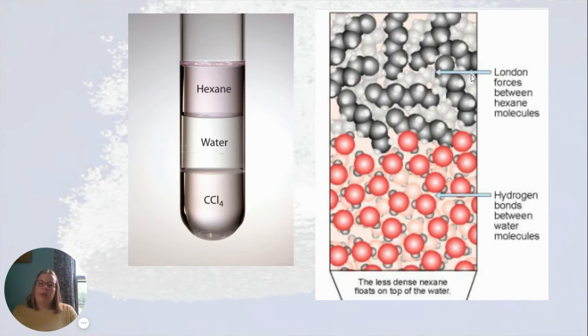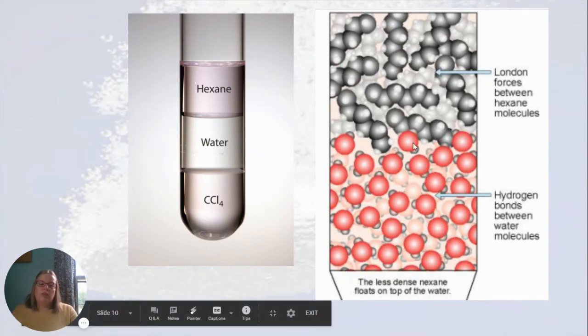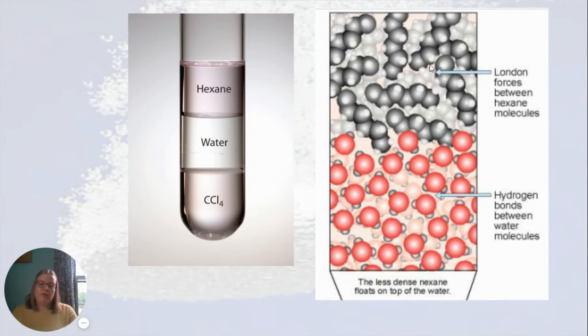What ends up happening is that there are only London dispersion forces between the hexane molecules, and because they're big, they're actually pretty strong London forces. The hydrogen bonds that happen in the water are here. To break these London forces and these hydrogen bonds, the hexanes have no place for the water to hydrogen bond.